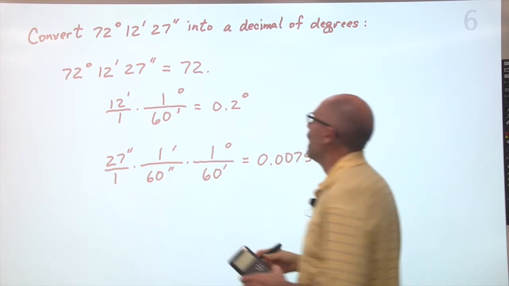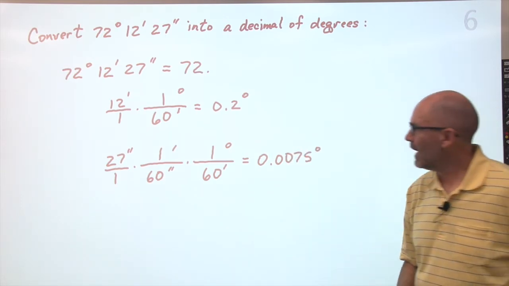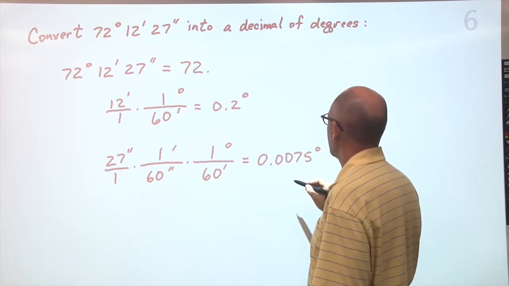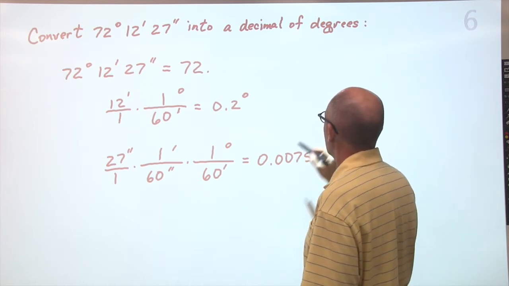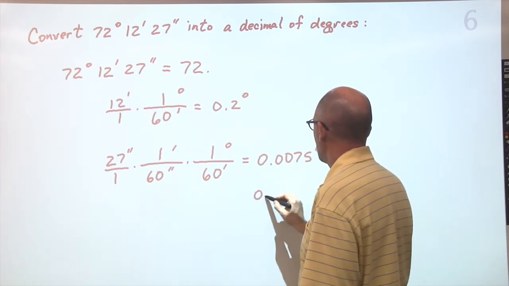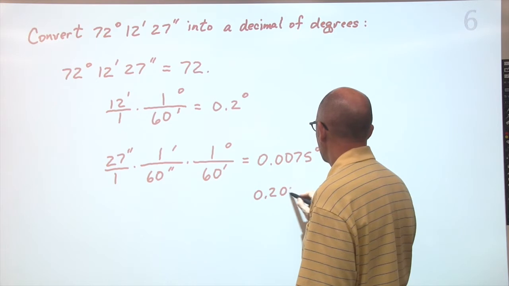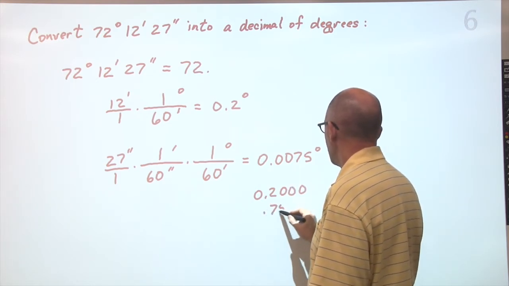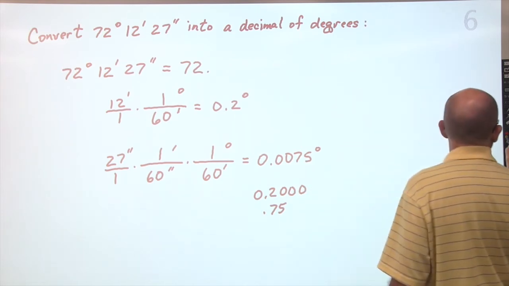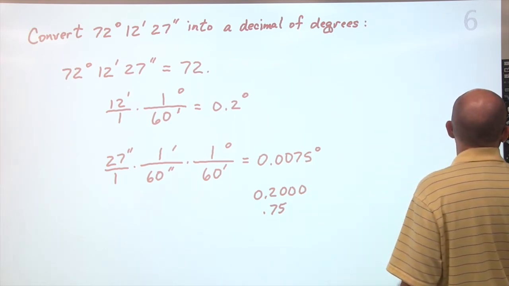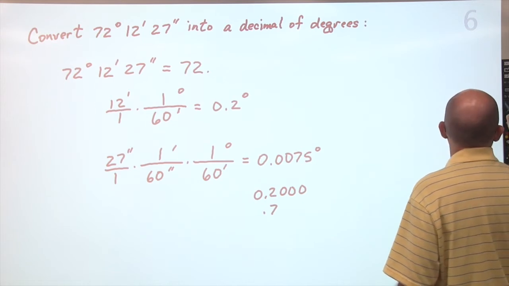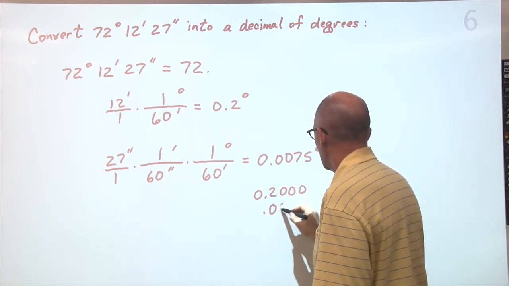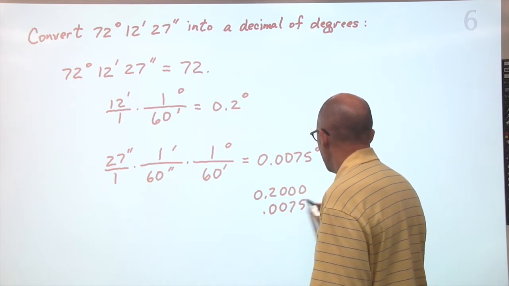Degrees. Now what I do is I add 0.2 with 0.0075. So notice it's 0.2000 plus 0.0075.